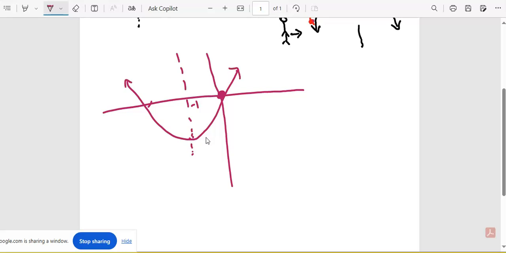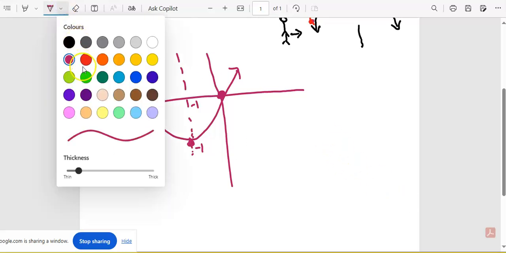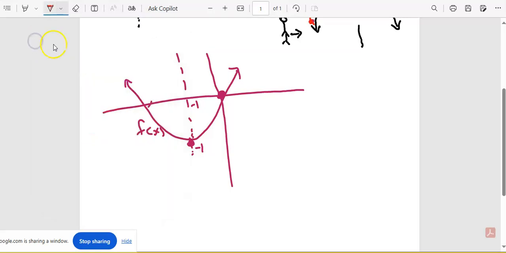They will ask you, where is f of x increasing? So remember, this x is -1. We said it's increasing when you are going uphill. So this tells you that from this point, going that side, okay.